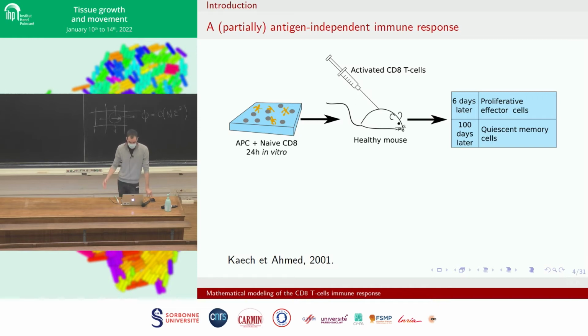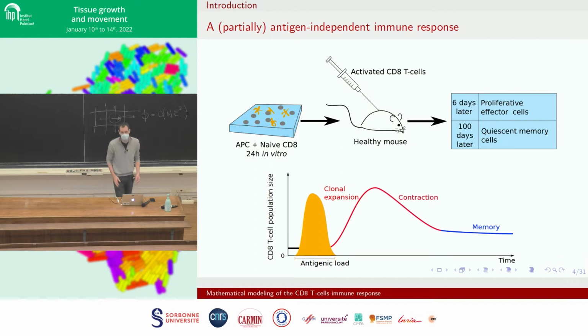And yet, 6 days later, those CD8 T cells were effector proliferative cells, and 100 days later, they were quiescent memory cells. So that means that actually the infection is necessary to trigger the immune response by activating the CD8 T cells, but is no longer necessary for the immune response to continue. I mean, cells will differentiate, proliferate, die, etc., even if the infection is over.